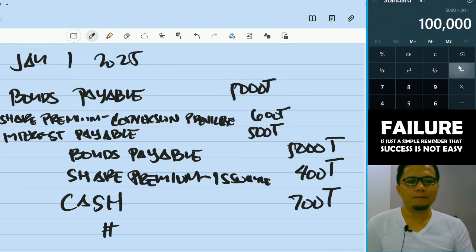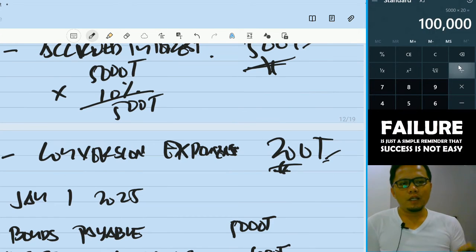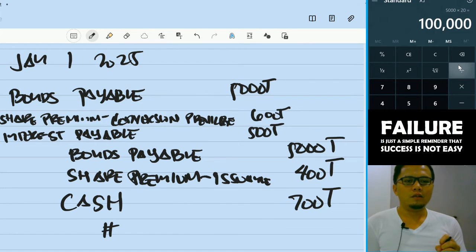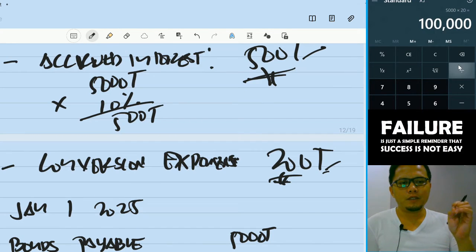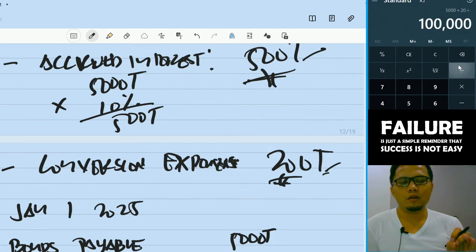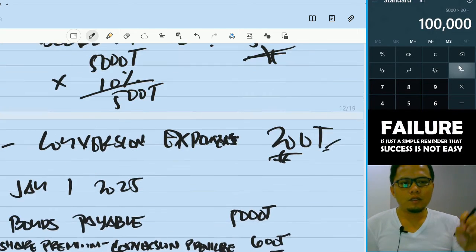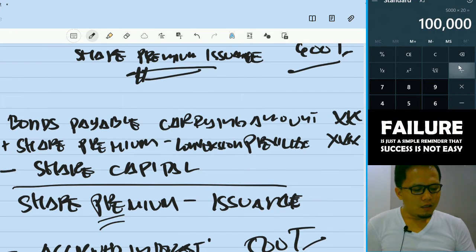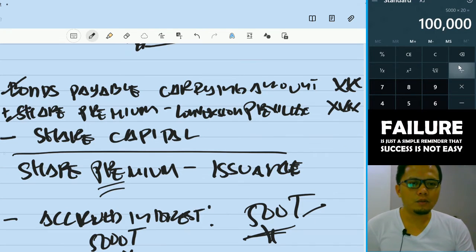So, recap. In converting your bonds payable, number 1, you need to compute for the number of shares converted so that you can get the share capital to be issued. Next step is to compute for the share premium issuance, which is computed as the carrying amount of the bonds payable plus the share premium applicable to the conversion privilege, less the share capital.